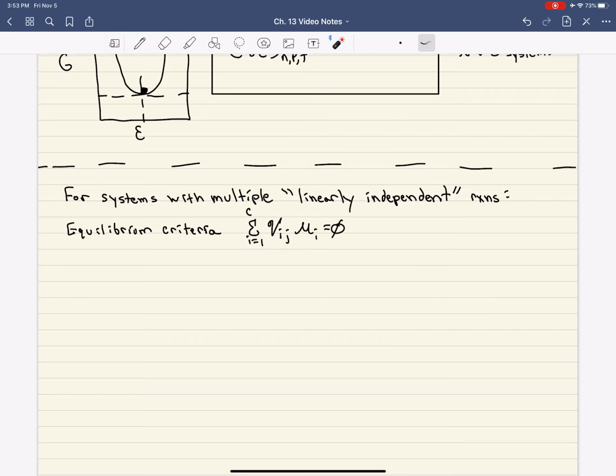And this would have to be true for each of the reactions in your system.